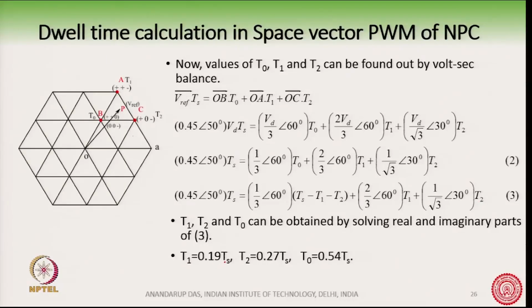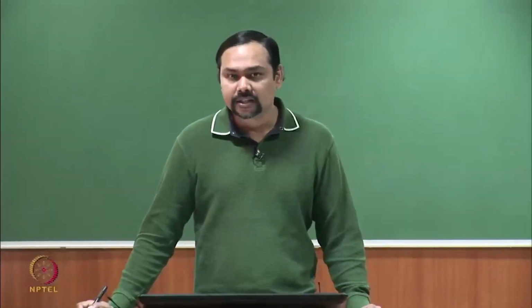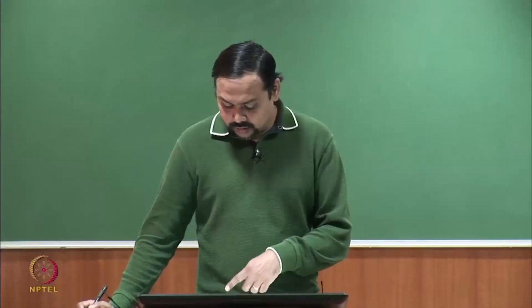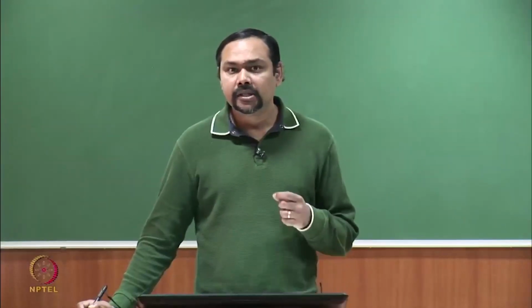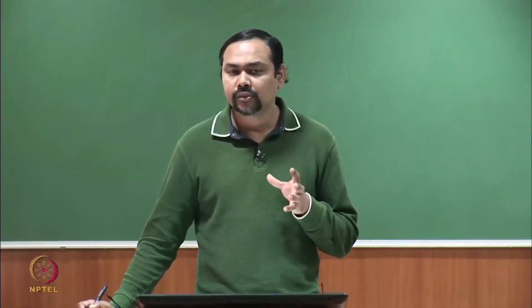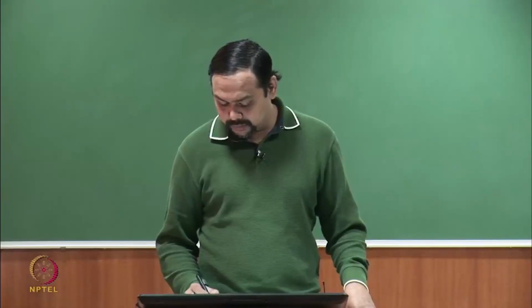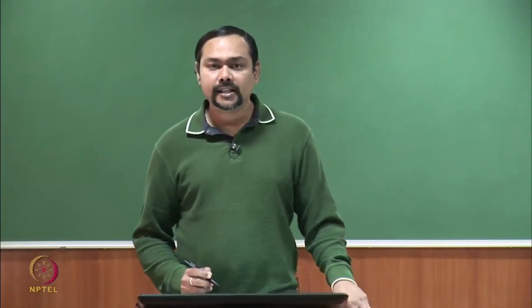Then you find that T1 is equal to 0.19 Ts, T2 is 0.27 Ts and T0 is 0.54 Ts. So this shows that T0 has the maximum weightage. The T0 time duration means the vector OB has been switched on for a maximum time in a switching period Ts, more than 50% of the total Ts time period.